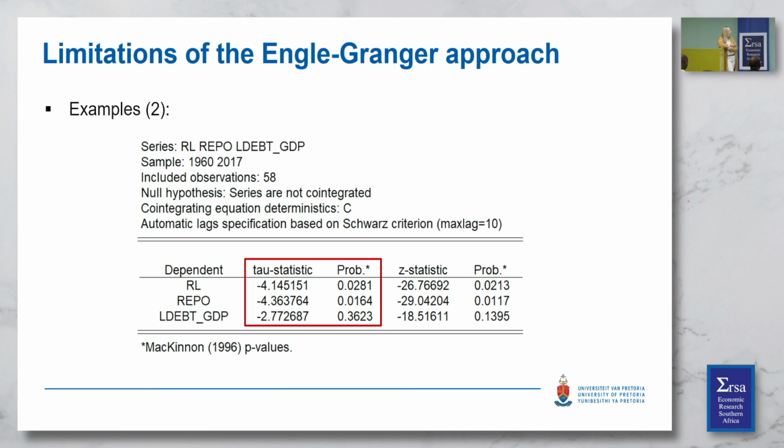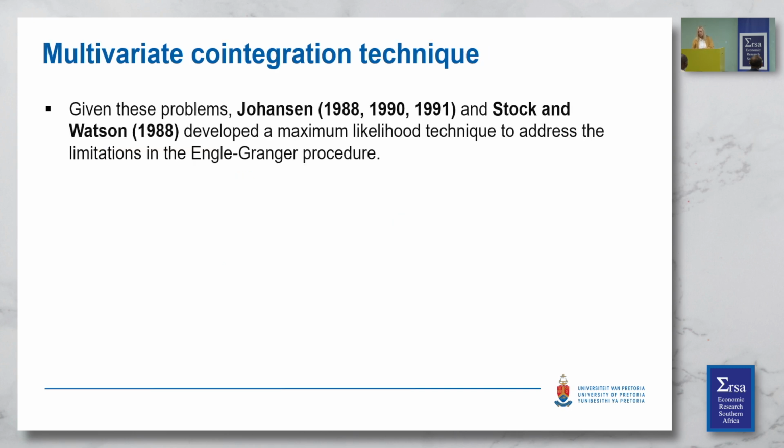We can see that in this case, we see co-integration, but not in this case. And in the Engle-Granger, if we're interested to model interest rates, we will only look at this. We will ignore the rest, but this is the problem then with the Engle-Granger framework. So these are some of the references.